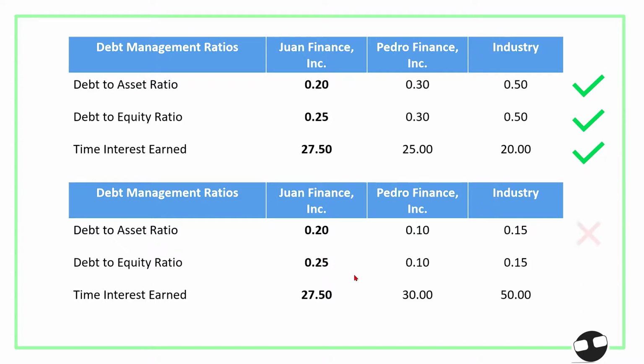So that would give us a signal to not buy, or to look for other companies with better positions. And for the times interest earned, the 27.5 is actually good, but if you look at the competition in the industry, they have a higher coverage ratio. So again, this would give us a potential not-to-buy signal for One Finance company.